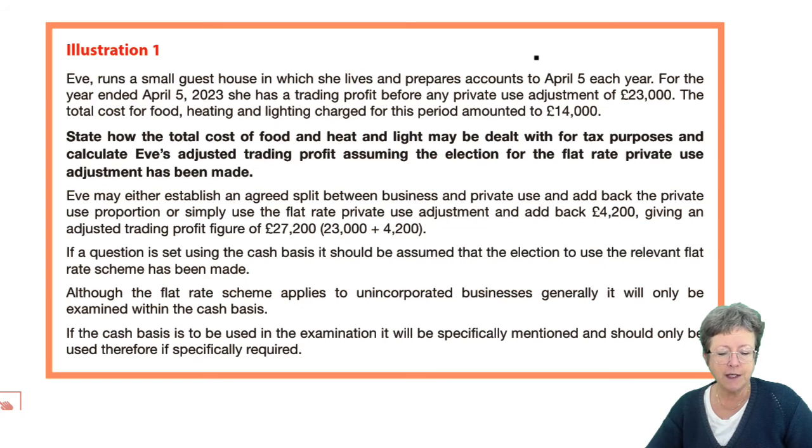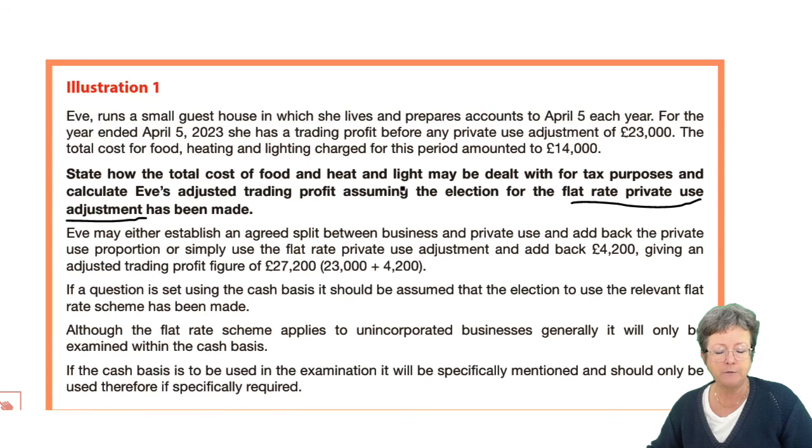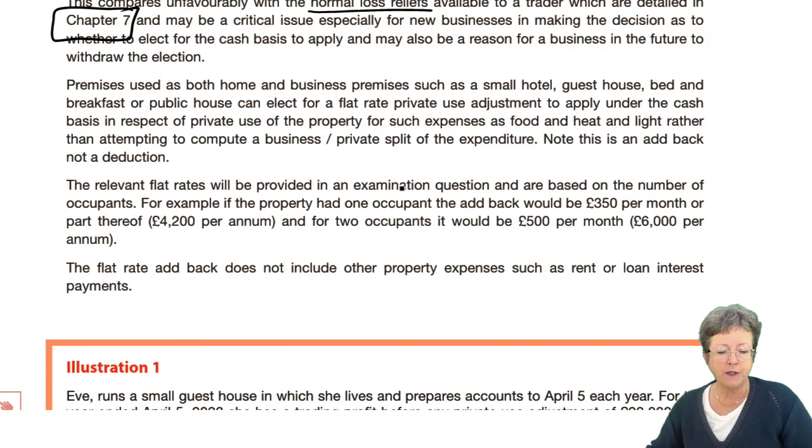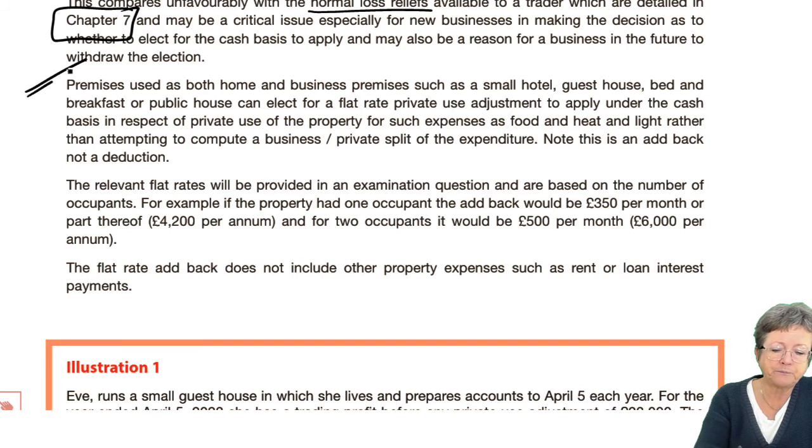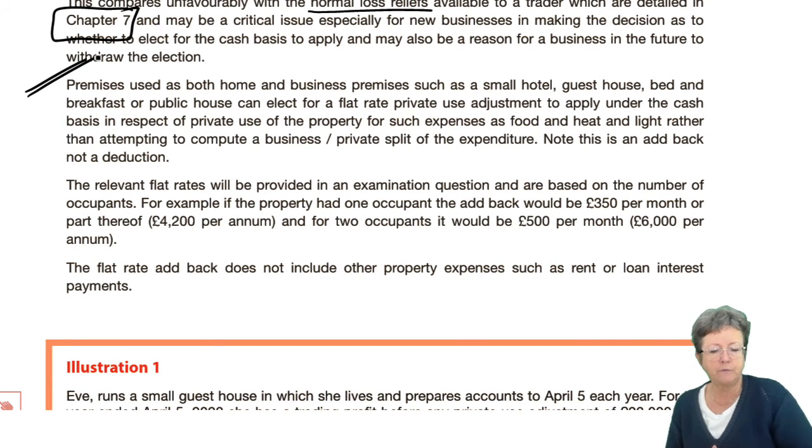Now we are to state how the cost of food, heat and light may be dealt with for tax purposes. Calculate her adjusted trade profit assuming an election for the flat rate private use adjustment has been made. Okay, so this is dealt with up here. Just wanted to show you the question first.